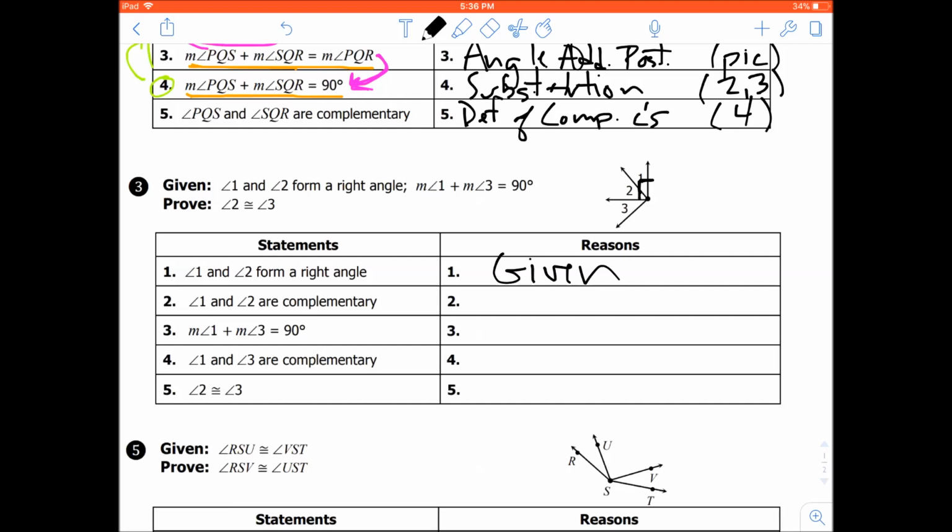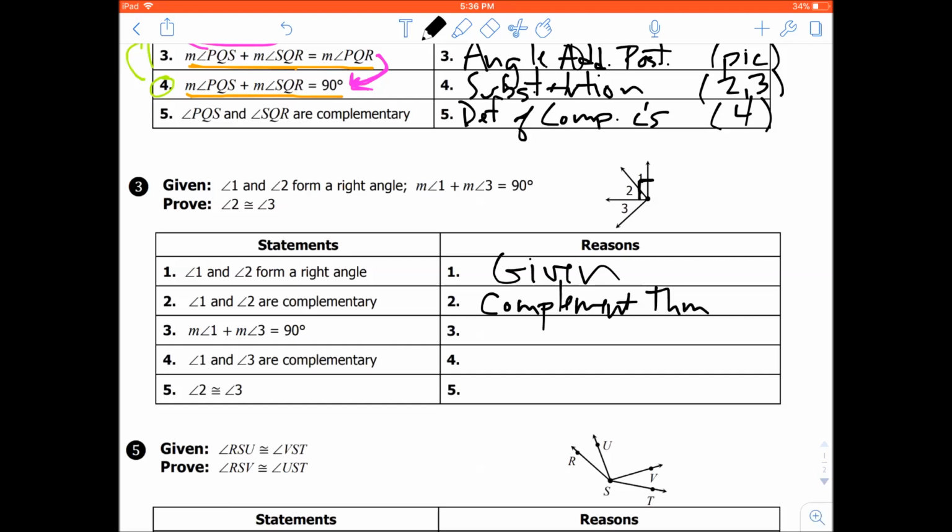We went from a right angle to complementary. We didn't go from right angle to 90 degrees or 90 degrees to right angle. We went from a right angle to complementary. So when you look at your chart, do you see anything that says if 2 angles form a right angle, they are complementary? The complement theorem. I see it now.